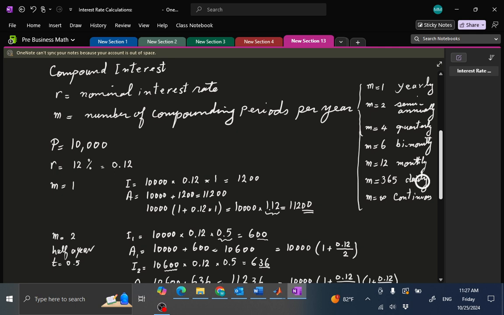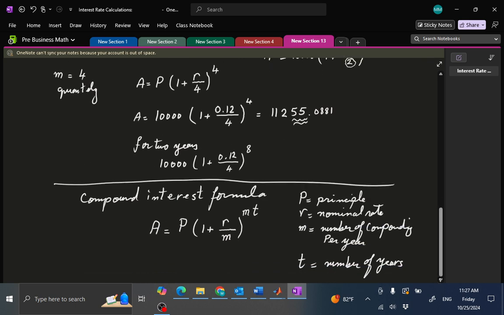In an extreme case, if you have a huge amount of money on Wall Street and you're lending money, you could lend money for a day, or for an hour and so on. Mathematically speaking, you can take this to the limit of calculating your interest at every instant. Every instant means m goes to infinity.